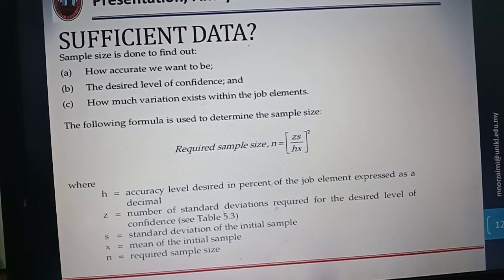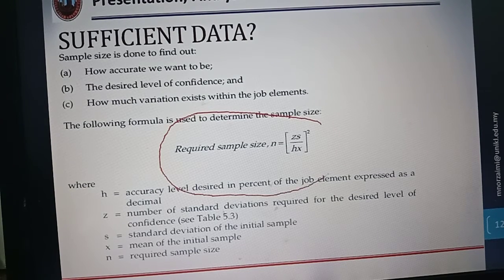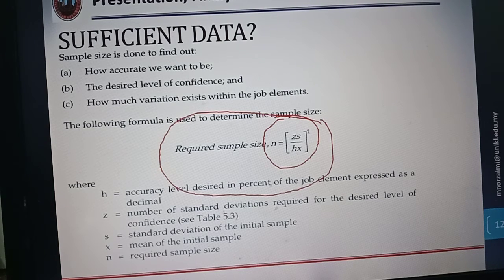The next is sufficient data. As I mentioned earlier, whether the data is sufficient or not to conclude your result, either your result is significant or not significant. For statistical analysis, this is the formula to calculate your sample size: n equals (Z times S divided by H times X) squared.